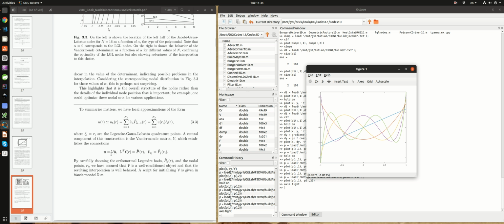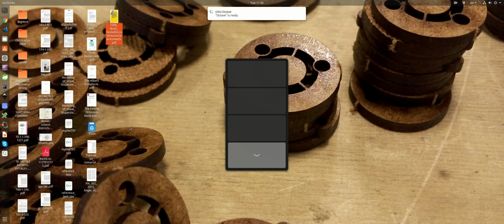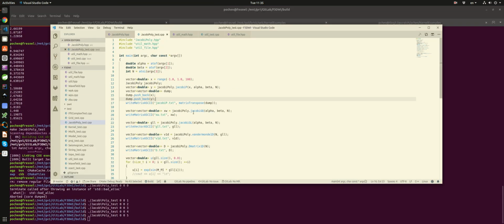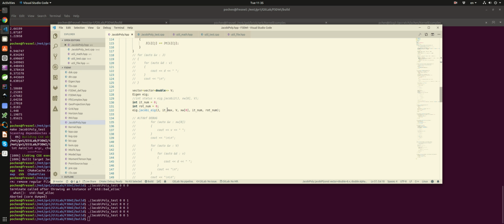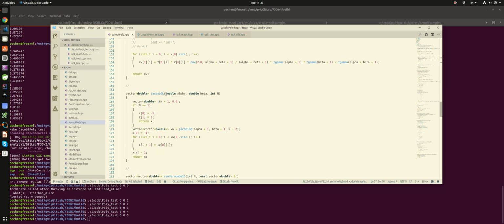In order to compute those points, we have another function just for doing that. It's called Jacobi GL, and this Jacobi GL function actually calls the Jacobi GQ function.